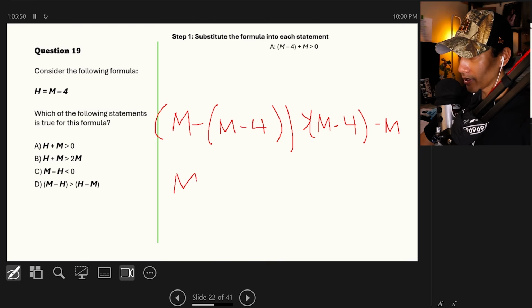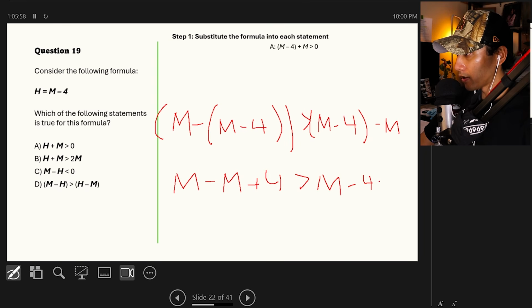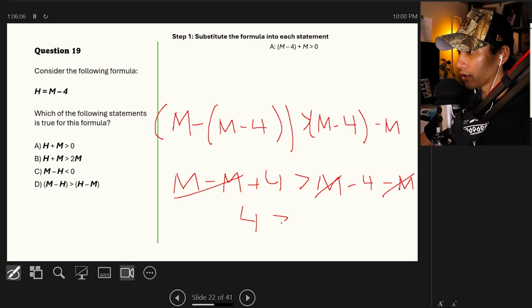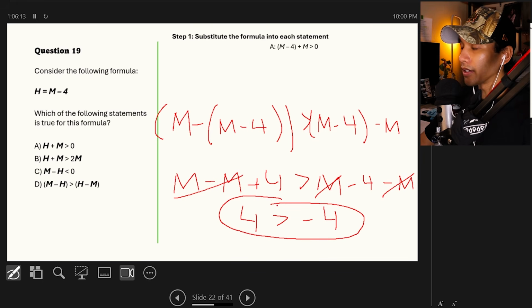So we're going to do this again. Minus m plus 4 greater than m minus 4 minus m. Okay, take those out, and we have 4 greater than minus 4. And that, ladies and gentlemen, is the correct statement. 4 is greater than negative 4.